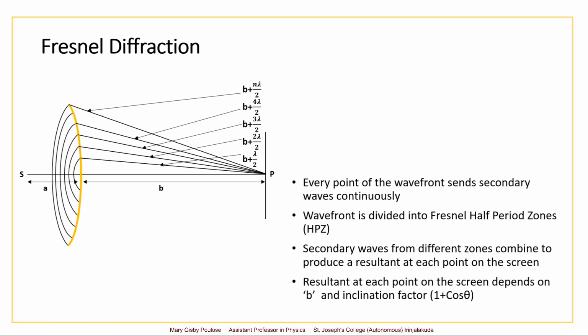Now let us mathematically try to calculate the amplitude on the screen due to all of these half-period zones. For that, we need to calculate the radius of each half-period zone, the area of the half-period zones, the amplitudes from each half-period zone, and the resultant intensity at the screen.